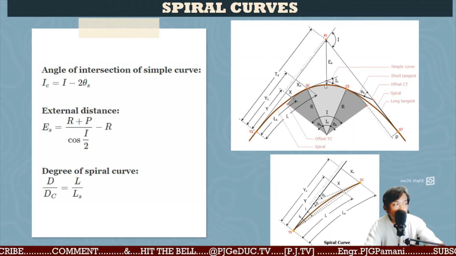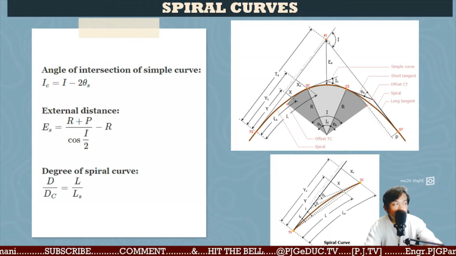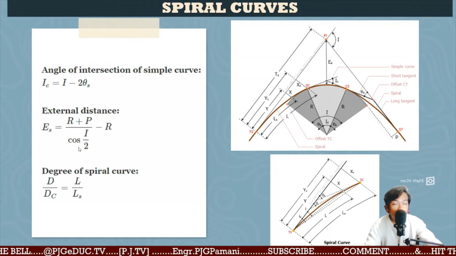Ito na ngayon yung revised simple curve, which is now equal to the angle of intersection for the spiral curve minus 2 theta S. And the external distance from the point of intersection towards the arch of the simple curve, that is R plus P over cosine I over 2 minus R. And the degree of the spiral curve, using the degree of the curve over the degree of the spiral, equal now to the length at any point all over LS.